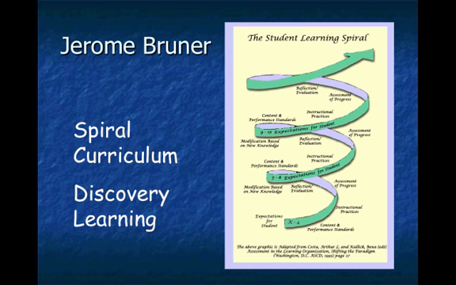This involved information being structured so that complex ideas can be taught at a simplified level first, and then revisited at more complex levels later. Therefore, subjects would be taught at levels of gradually increasing difficulty.